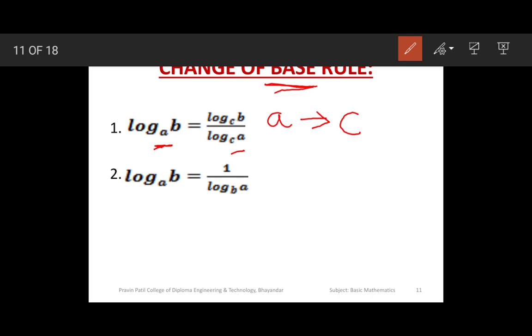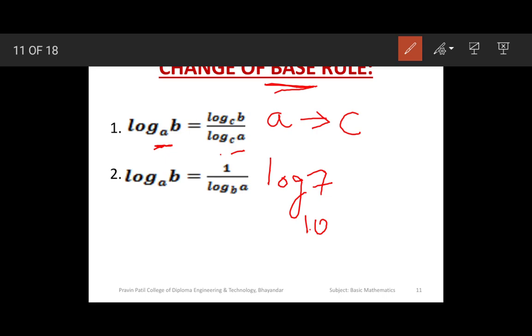For that, the formula is log B to the base A is equal to log B to the base C divided by log A to the base C. Clear? C is the new base. So log of the value to the new base divided by log of the old base to the new base. For example, log of 7 to the base 10 is given. I don't want this base as 10.